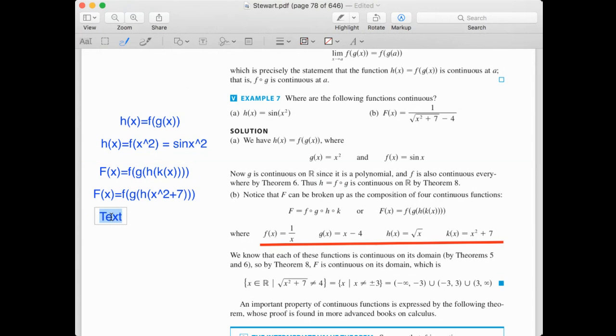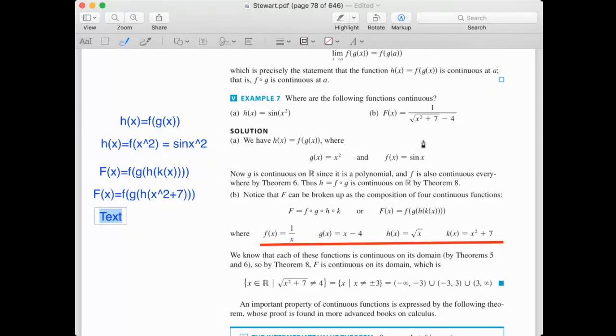But for myself, I like to see the layers. I see first 1 over something, right? Then I see something minus 4. Then I see something square root. Then I see something squared plus 7. That's how I see it. So the very inner layer is k.